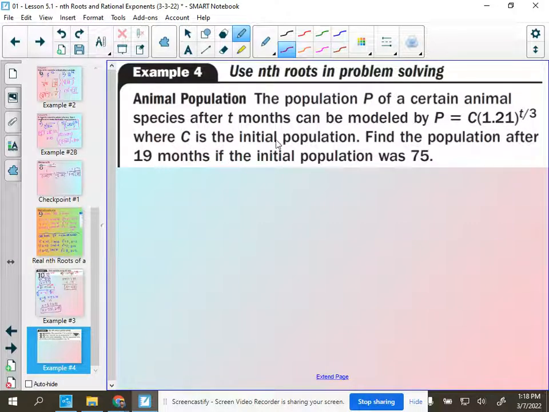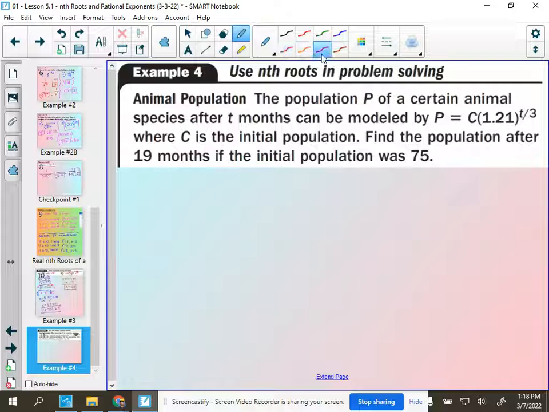C is the initial population. So this particular example is like a straight up, can you evaluate this? Because it's saying, find the population P after 19 months, T months, and when the initial population was 75.